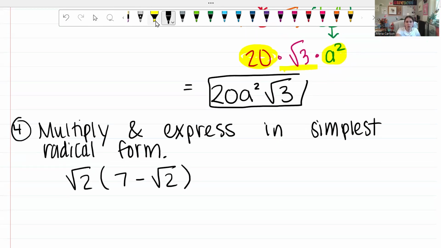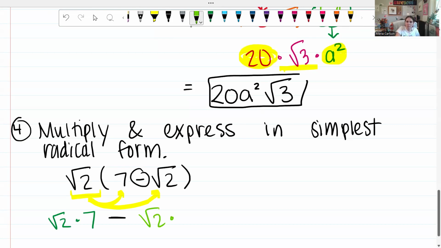So if I'm going to multiply one term by something that has 2 terms, I'm going to distribute this square root of 2 to both the 7 and to the negative square root of 2. So when we do this, we're going to multiply. So I have the square root of 2 times 7, and then I might just write this as minus the square root of 2 times the square root of 2.